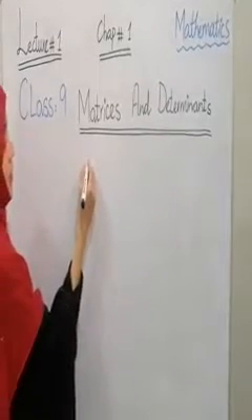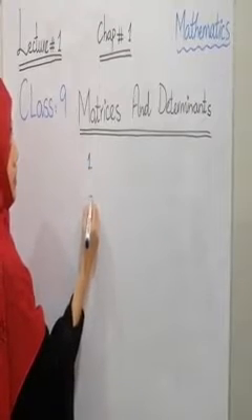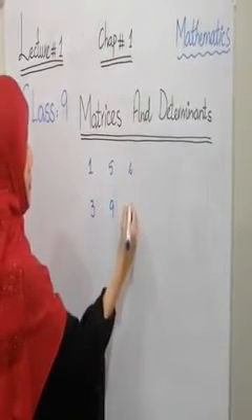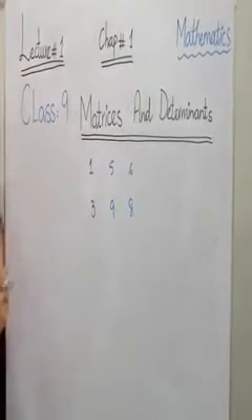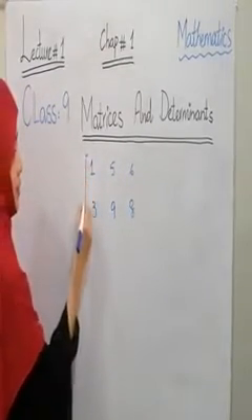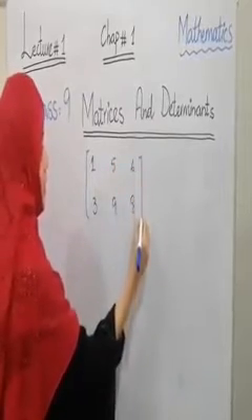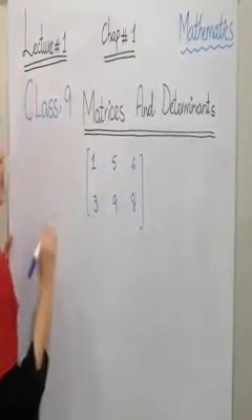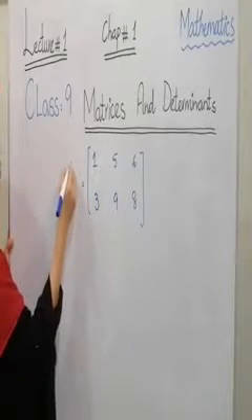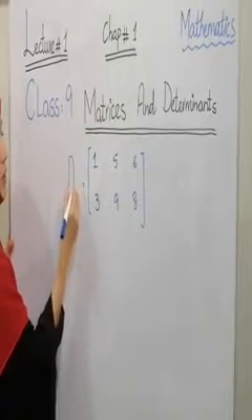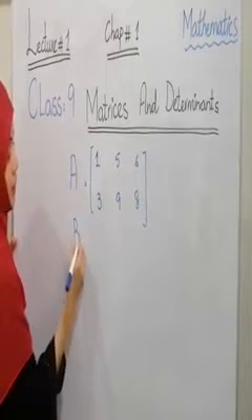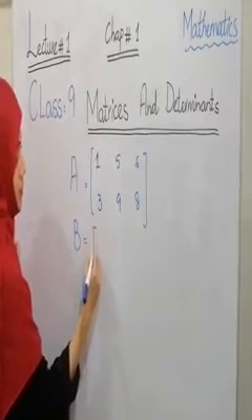Real numbers, we can say 1, 3, 5, 9. These are real numbers enclosed in a bracket. This forms a matrix, and we denote matrices with capital letters. We take another example of a matrix.